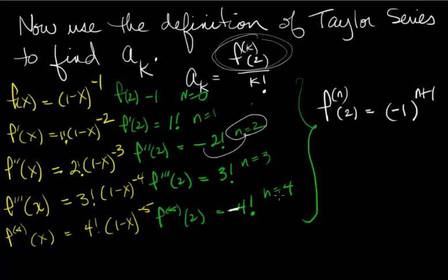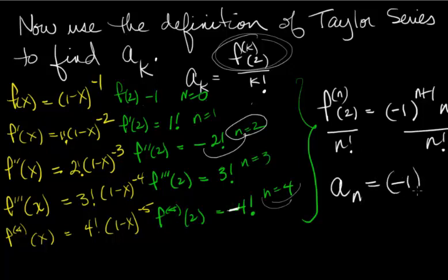So instead of minus 1 to the n, we write minus 1 to the n plus 1, and then it's just times n factorial. And now we want to divide by n factorial to get our Taylor coefficient. So a sub n is equal to minus 1 to the n plus 1. And that's what we got doing it the more simple way.